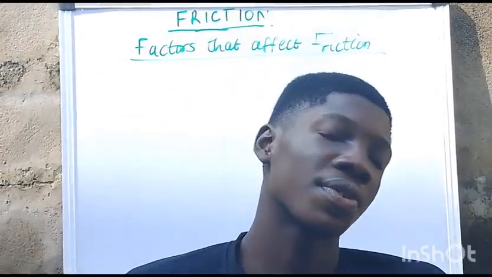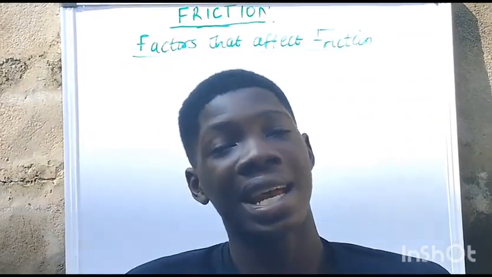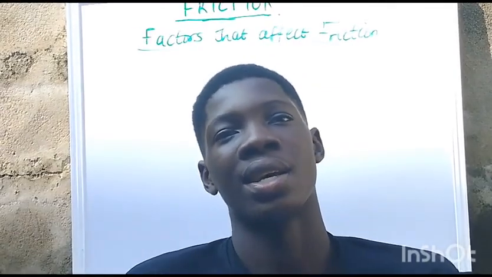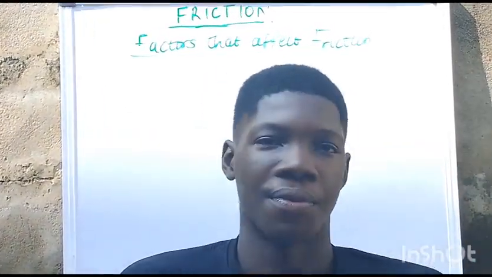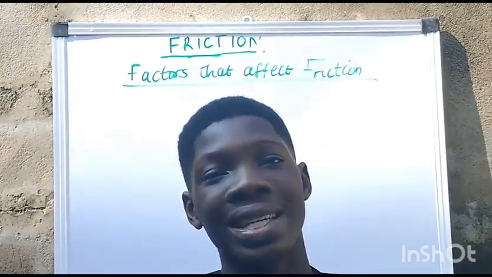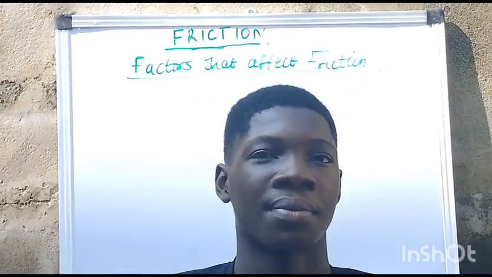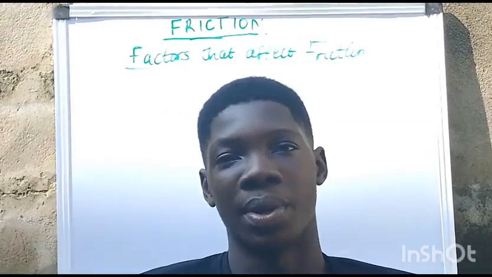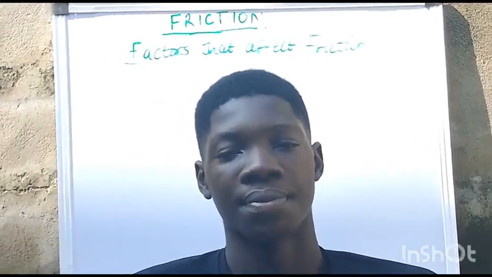Smoother surfaces, on the other hand, have fewer ridges and bumps, which means less resistance and less friction. Try sliding a book over a piece of glass, and then try sliding the same book over a piece of sandpaper. You will feel the difference.